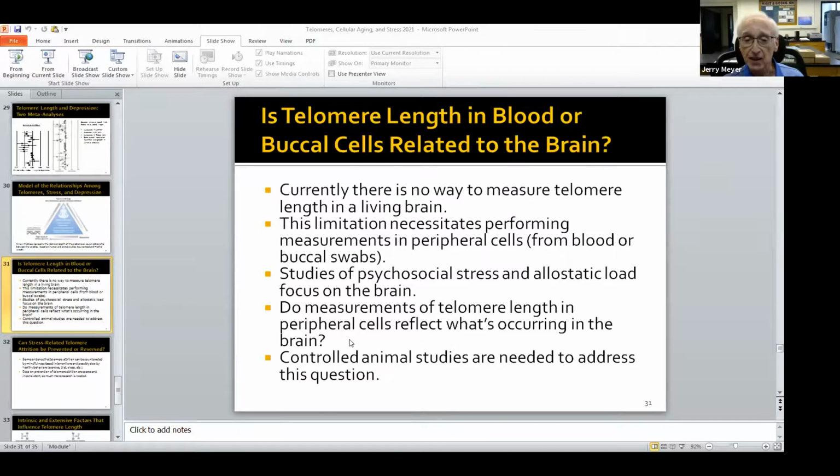So the point is that cell division in the brain and possible impacts on telomere shortening is a legitimate topic, but has been understudied. And we would have to do this using controlled animal studies.